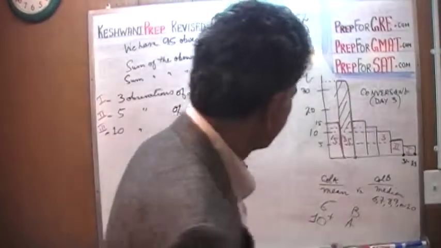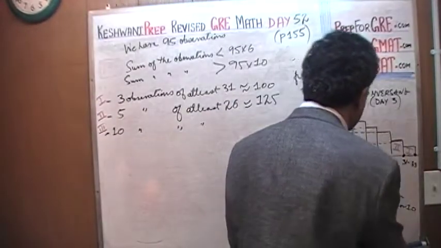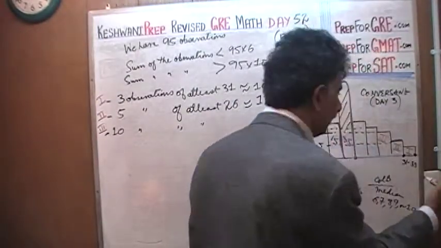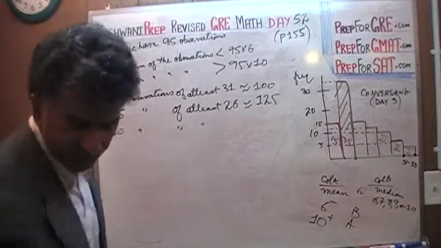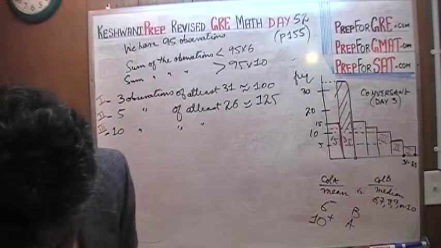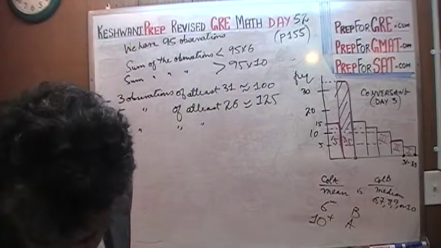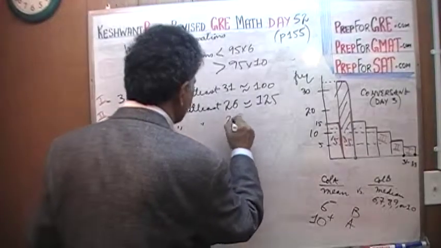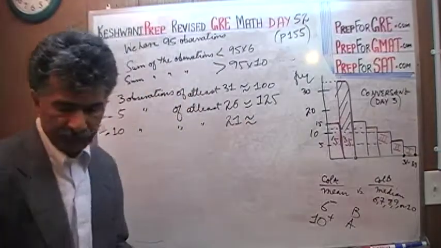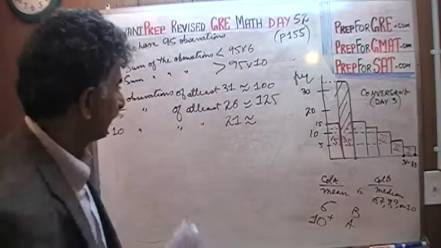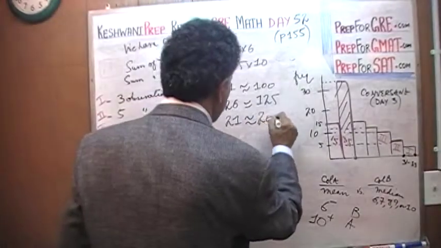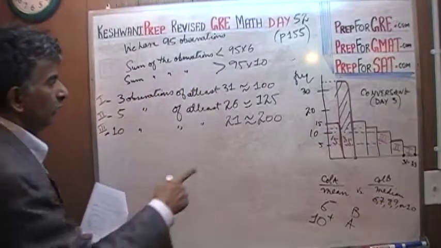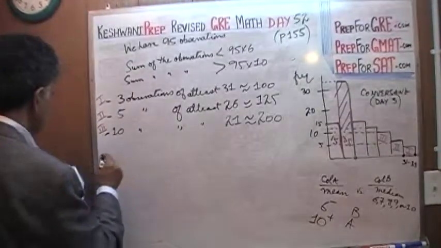So I'm going in reverse order. We have 10 observations. If you look closely, it will say that we have 10 observations of at least 21. 10 observations of at least 21 gives us another 200. We're already up to 425 something.